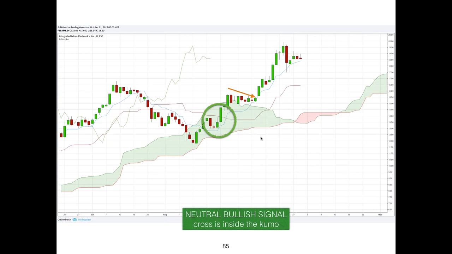Unlike MAC, after the crossover, it just went strongly upwards. IMI had to retest the Kumo as new support before trending upwards. So from its crossover at 14, it rose to 20 levels on strong momentum within a few weeks.